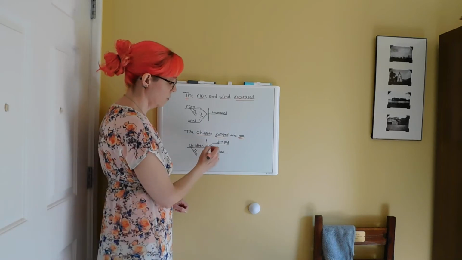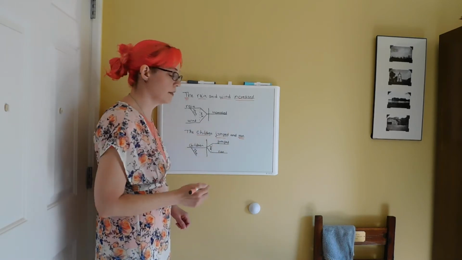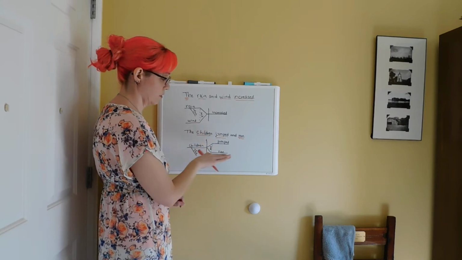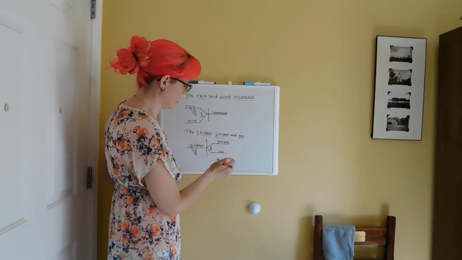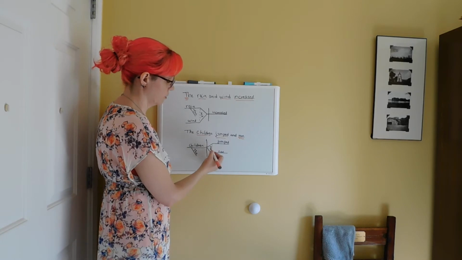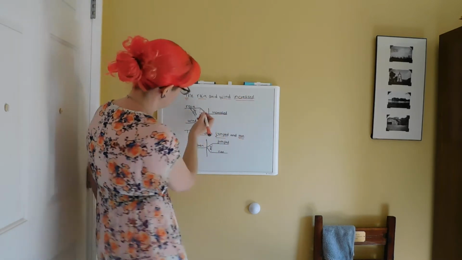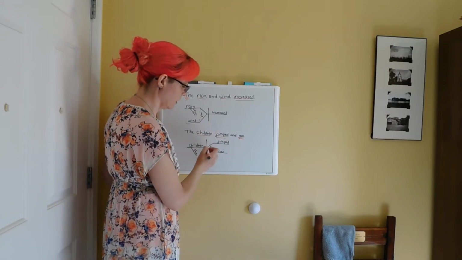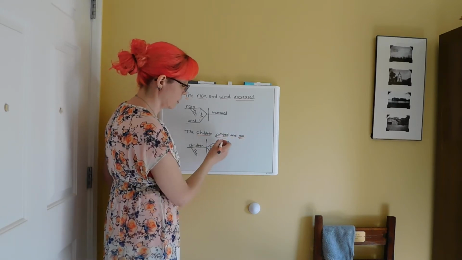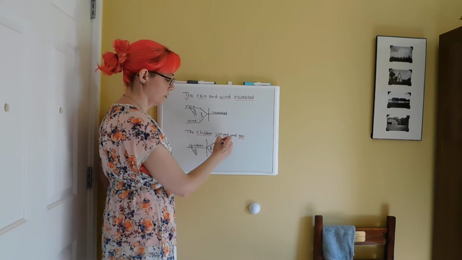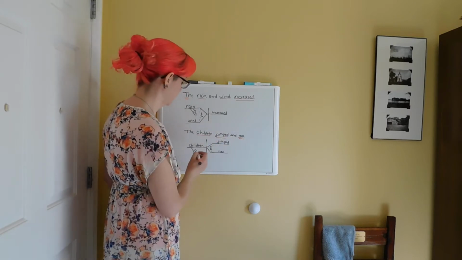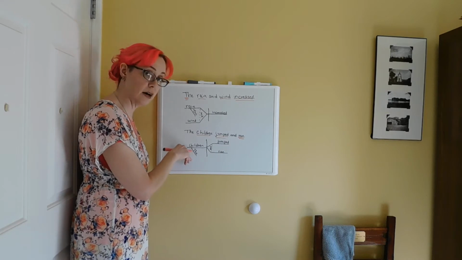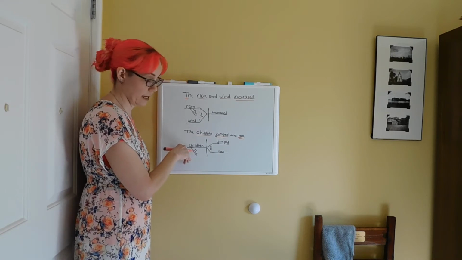Again, you need the brackets to indicate that you have a compound predicate. Same thing, except they're facing the opposite direction because it's a predicate. So, and is written this way, instead of this way, because you have a predicate. So you have your brackets, your dotted line, your and, because that's our conjunction. Jumped, because it comes first, is on the top. Ran on the bottom. And then the children, again, capitalize the, because that's where the sentence actually begins.